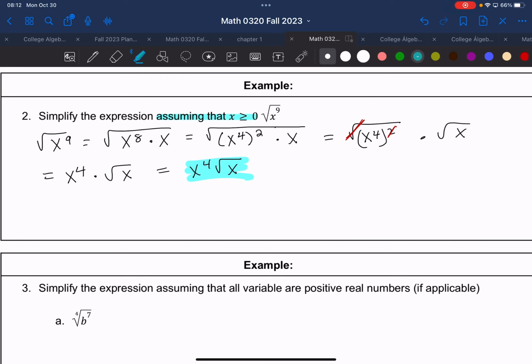Okay. So this is as simplified as it can get. So we took the square root of x to the 9th and reduced it to x to the 4th square root x. Make sure you have whatever number you get without that square root in the front.